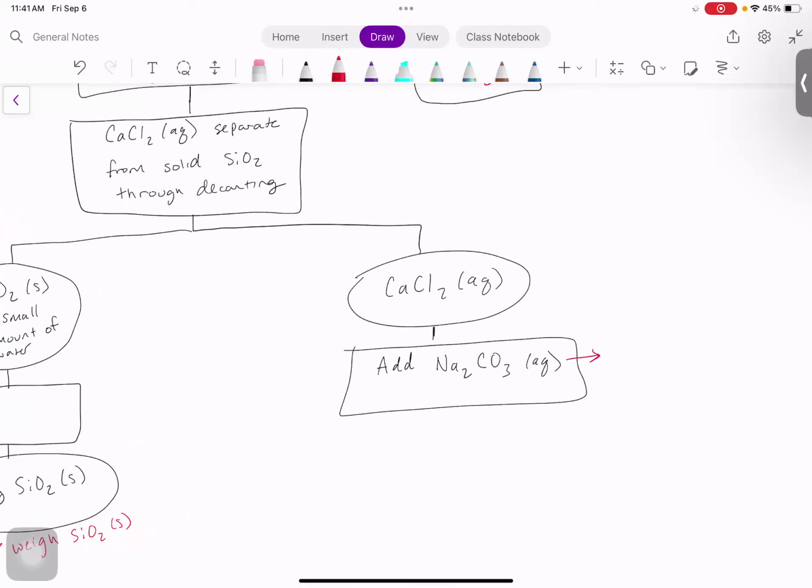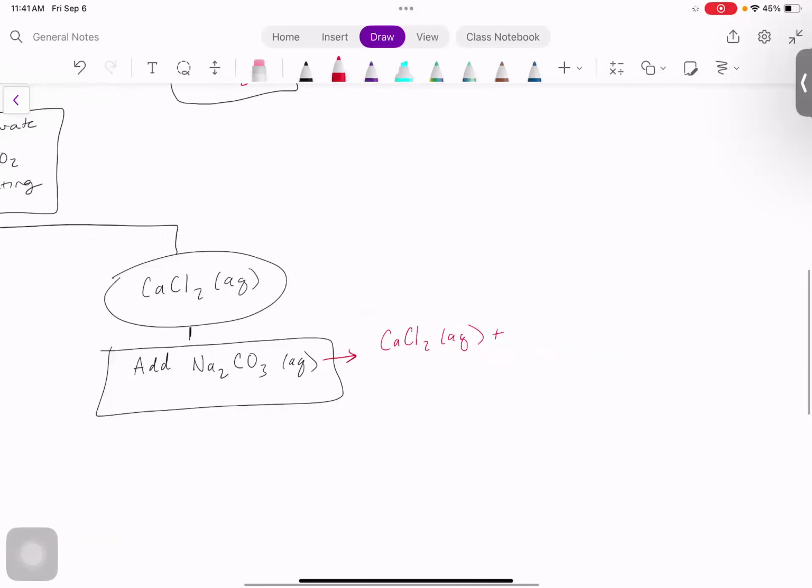And here, I'm going to leave this to you to search. Look up what happens when you mix calcium chloride, aqueous, plus sodium carbonate, again, also aqueous. What are the products of this reaction? And specifically, what are the states of those products?